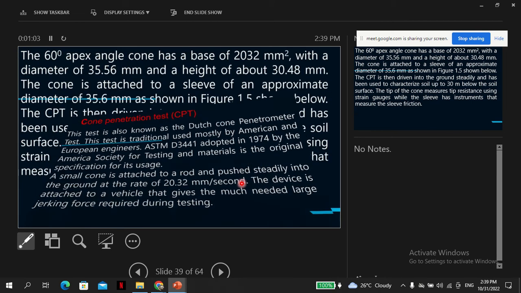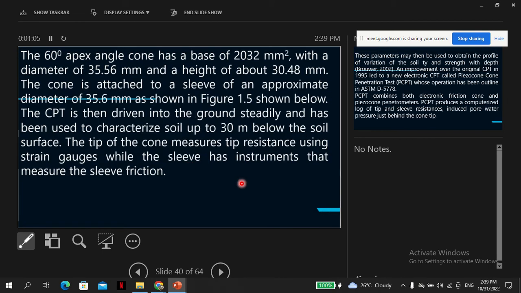I think I'll show you a photo. The 60-degree apex angle cone has a base of 2032 millimeters squared with a diameter of 35.56 millimeter and a height of 30.48 millimeter. The cone is attached to a sleeve of an approximate diameter 35.6 millimeter as shown. Of course, there is a figure shown below.